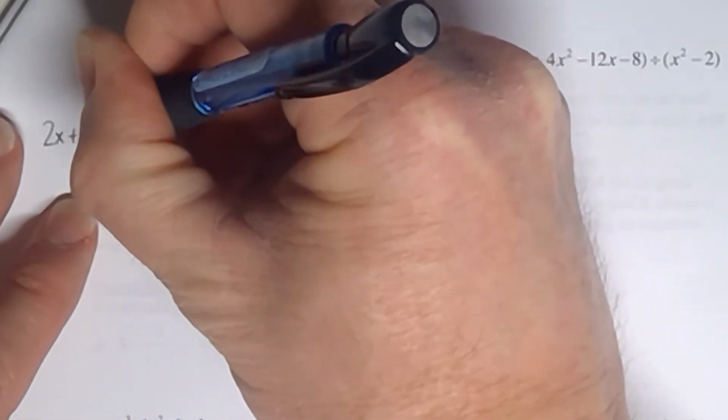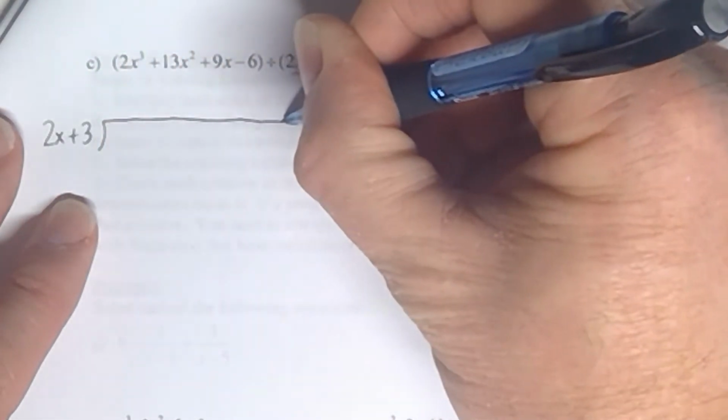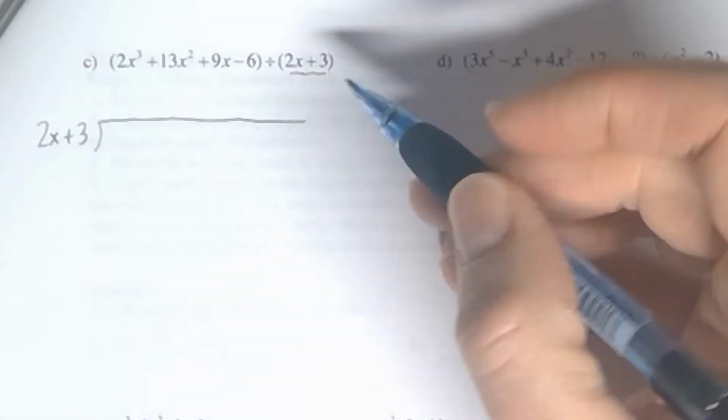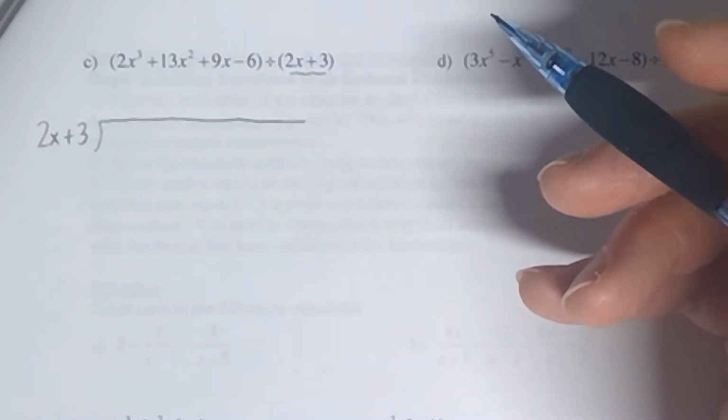So that proves that we are dividing by two terms, 2x plus 3. And that's why we need to do long division. We have to do the long division when we divide by two terms instead of just one.